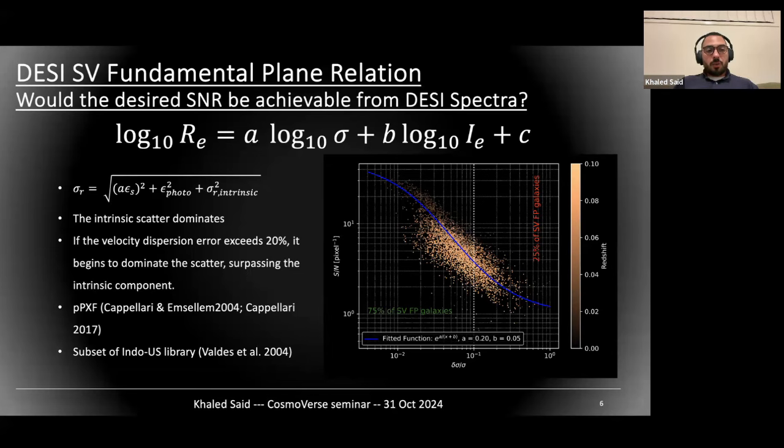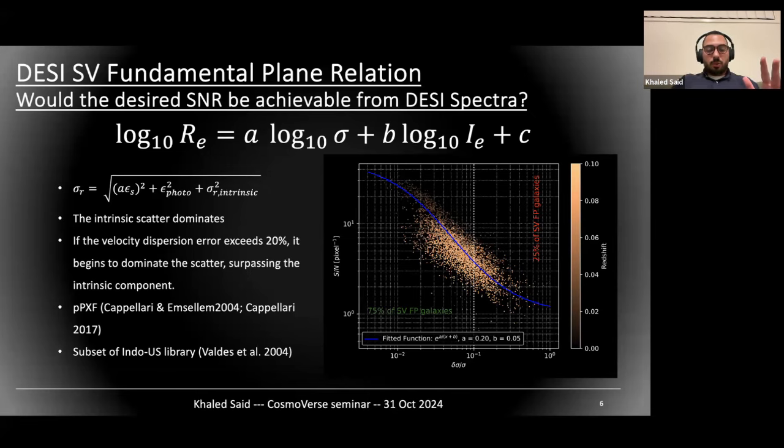You can calculate this error by adding all the errors in quadrature: epsilon s, which is the error on your velocity dispersion; all the error coming from photometry, which includes IE and sigma E; plus some intrinsic scatter in the relation itself.